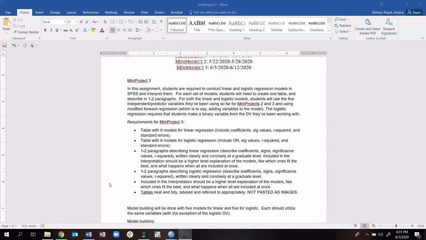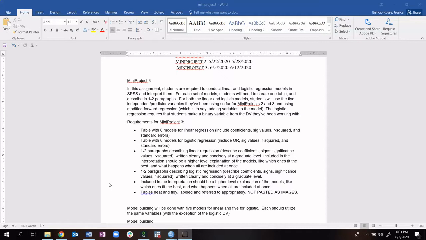And so that doesn't work in a logistic model.